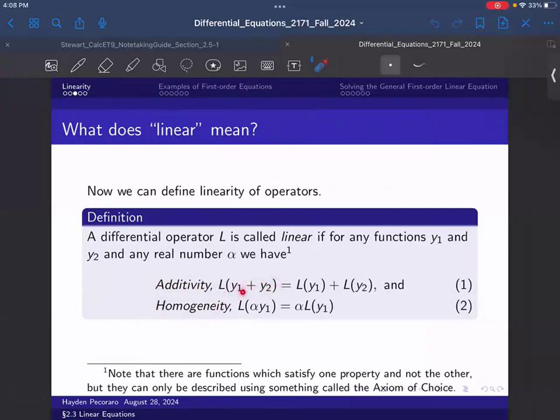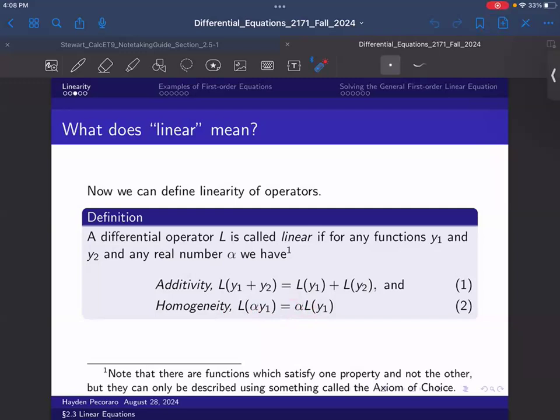If you plug in a sum of two functions, it's the same as doing all of those functions, and then adding the results together. The other one is called homogeneity. And it just means, okay, you multiply the input by something and it's the same as multiplying the output by the same thing. You don't get any weird variation for different outputs.